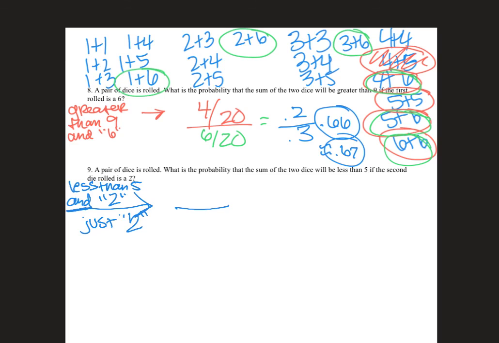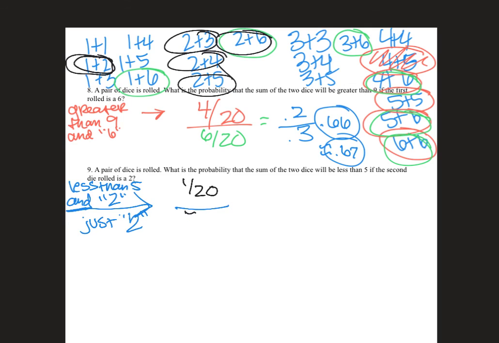Okay, so back up to our sample size up here. I did all my addition. Okay, less than 5 and it has a 2 in it. So this is less than 5 and has a 2. And that's it. Okay, so I'm going to say 1 out of 20 divided by, now just a 2, I have 1, 2, 3, 4, 5.